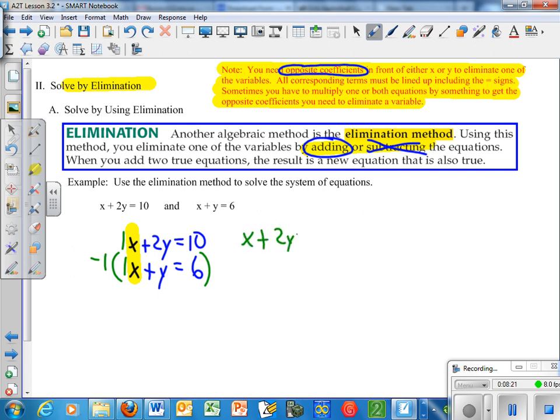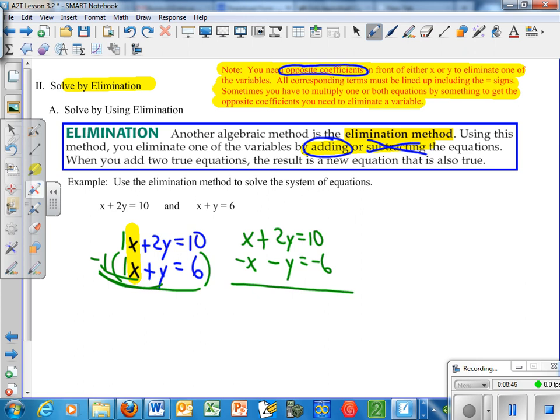So x plus 2y is equal to 10. This would be negative 1x or negative x then. And you got to distribute the negative 1 to all terms. So negative y. And then don't forget the constant on the other side. So this needs to be multiplied by every single term on both sides of the equation. Okay? Now you draw your line, everything in column form.